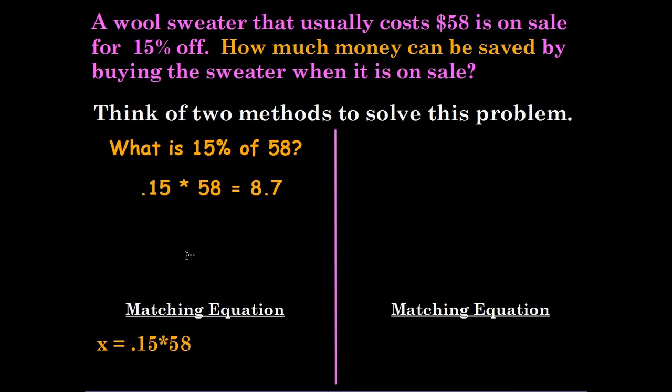Now, there's sort of a roundabout way that you could have done it, or if we think about it, may have helped you find out how much not can be saved, but how much does the sweater cost now?